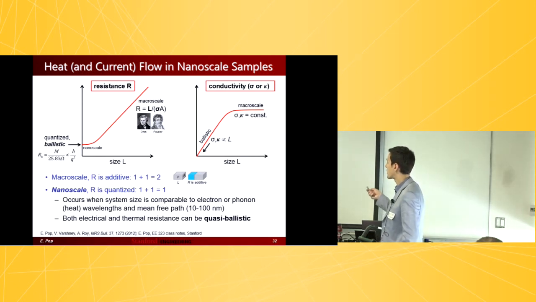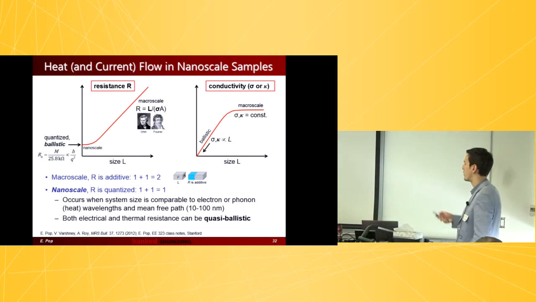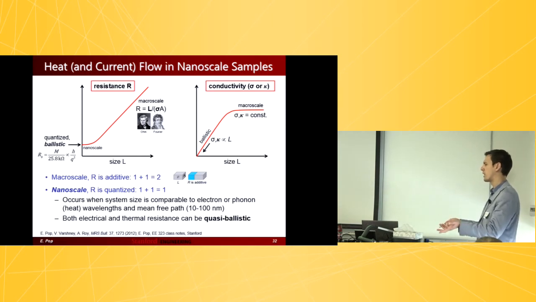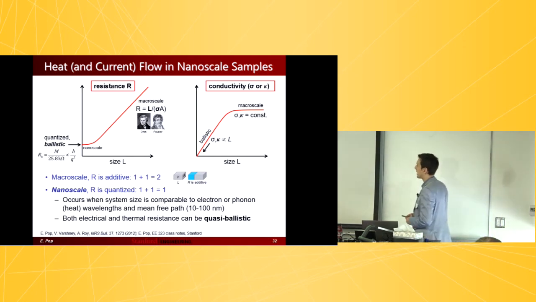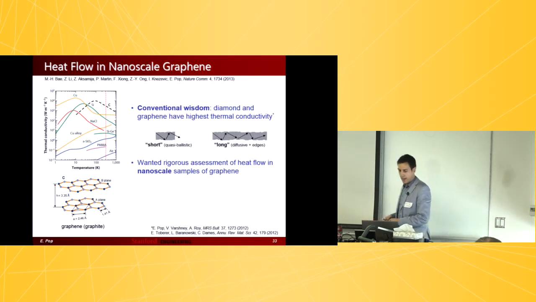Otherwise, if the conductivity doesn't go to 0, you're not going to obtain a constant conductance, right? I remember as a student, the first time I saw this, I said, wait a second, if it's ballistic, shouldn't the conductivity go to infinity? Actually, conductivity goes to 0 because the conductance goes to a constant. The math is right there on the slide. It's very simple, but that's something that I think sometimes slips through the cracks.